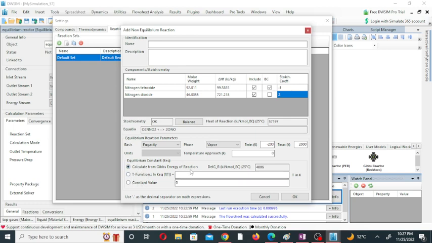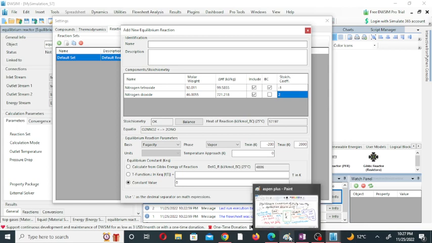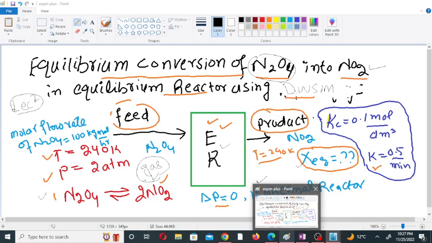It can be calculated from the Gibbs free energy, or from a temperature function, or the value can be constant. The equilibrium constant value is given in the question. The equilibrium constant is 0.1 mole per dm cube.